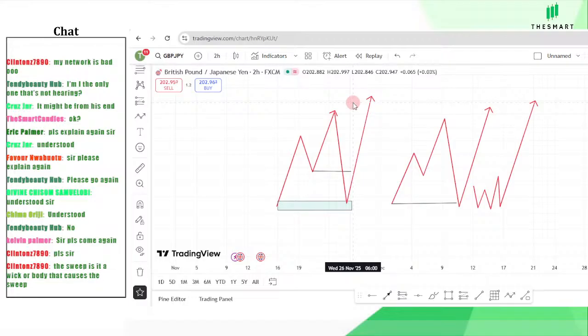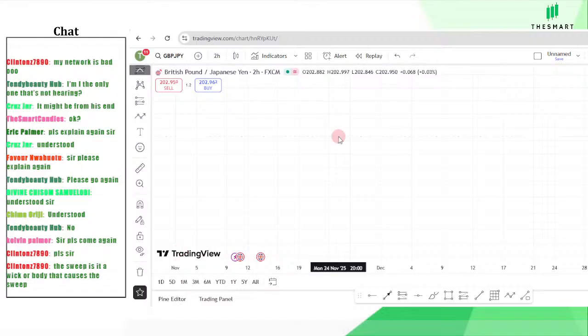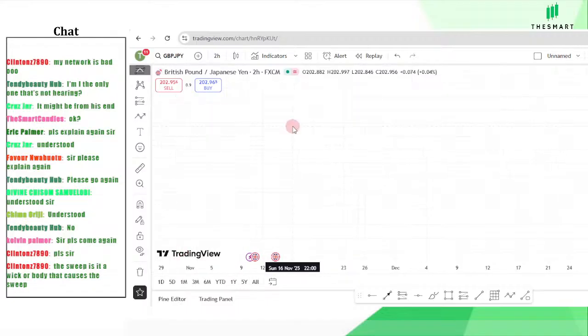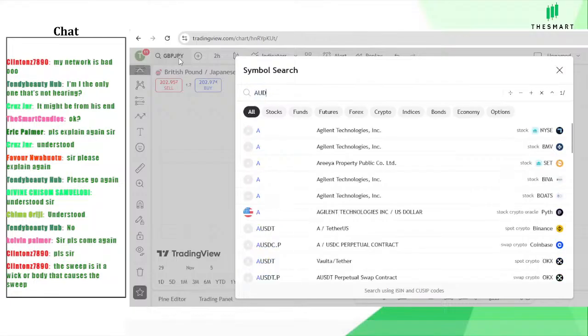I believe it's copied now. Now let's look at a live chart so that we can get to understand that. Let's see if we can have something here.